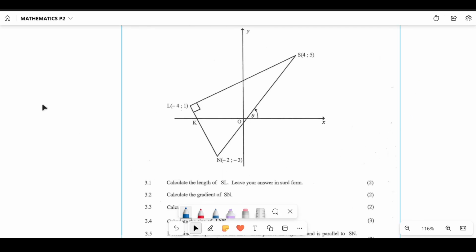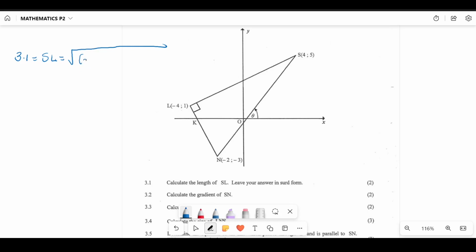So that's a direct question, so we can say 3.1. You are just using the distance formula to find the distance between S and L. You use the formula from the formula sheet: the square root of (x2 minus x1) squared plus (y2 minus y1) squared.